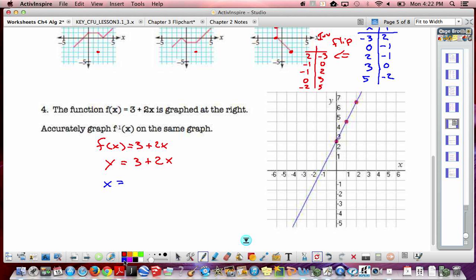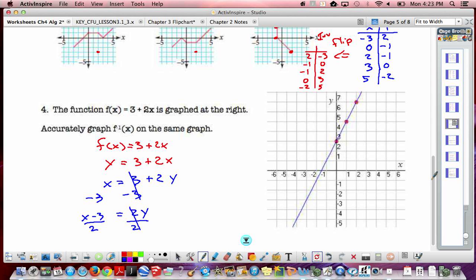So x, going back now, x now equals 3 plus 2y. Solve for y. So I have x minus 3 equals 2y. Those cross out, divide both sides by 2. And I got my function, x minus 3 all divided by 2.